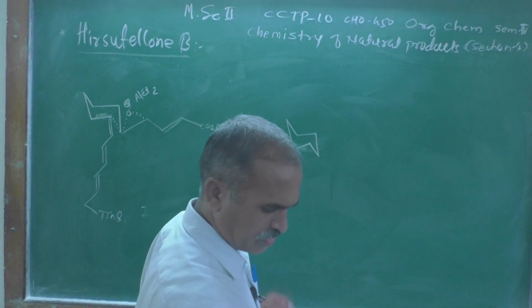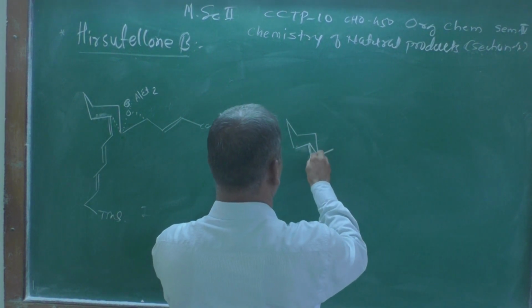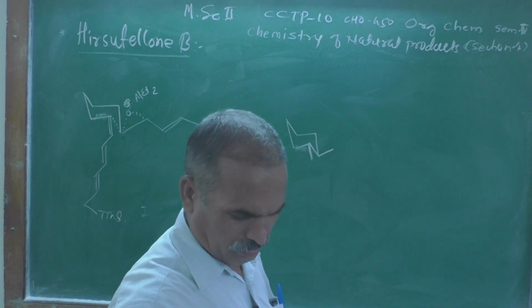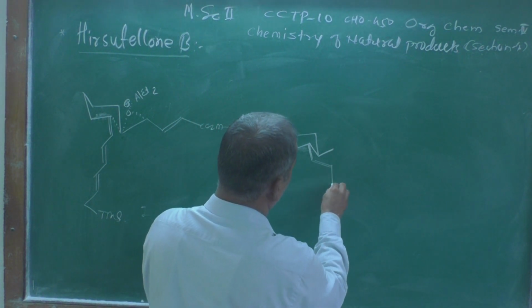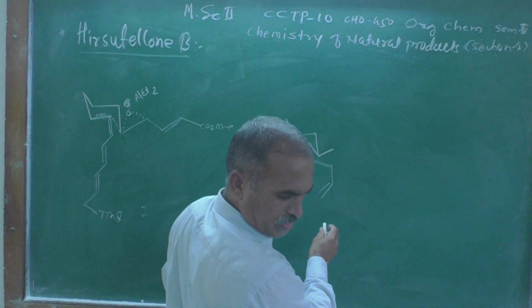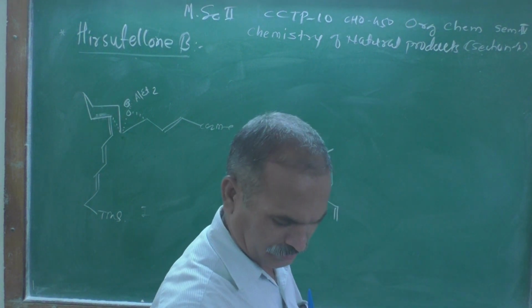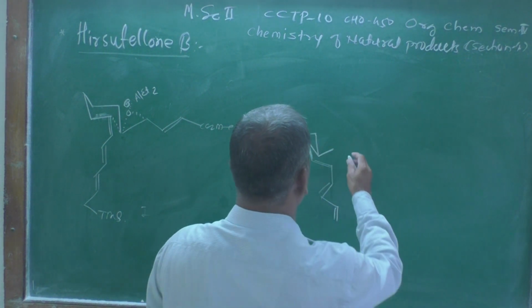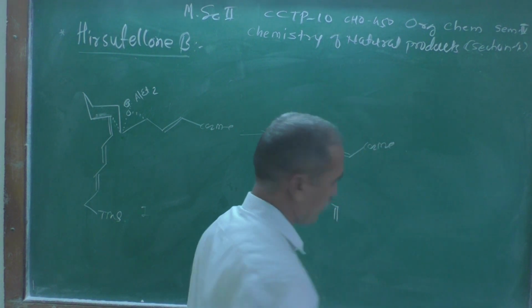Now what is going to happen at the equatorial position, and this is also at an equatorial position, then we can show double bonds, then CO2Me.